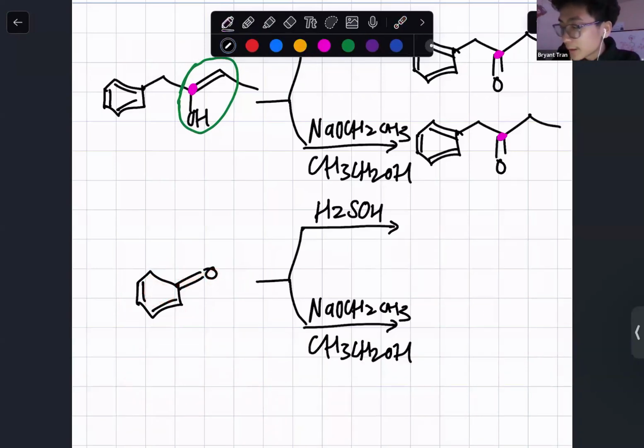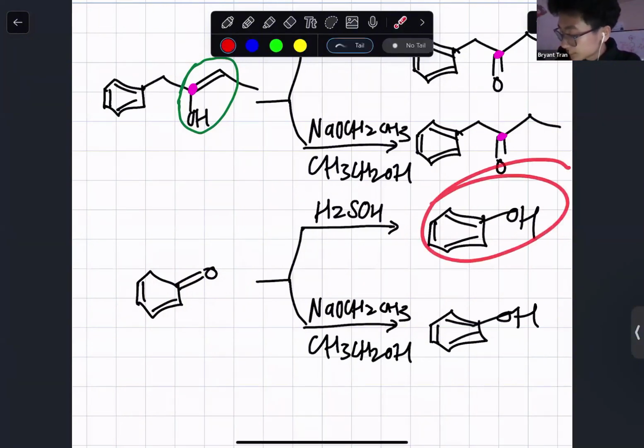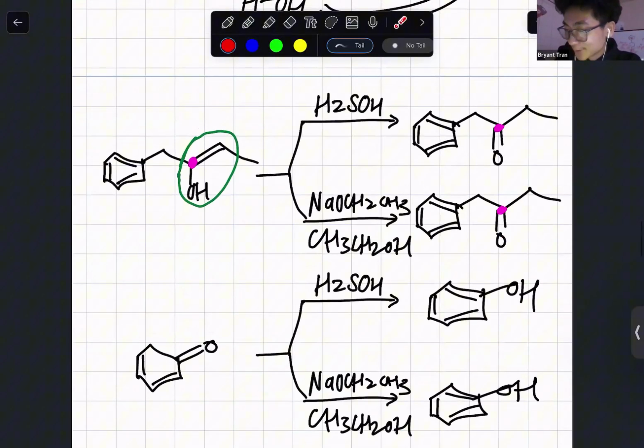So we want the enol form this time instead of the carbonyl form. So that's going to be the answer for both acidic conditions and basic conditions. The mechanism I went over earlier, and that's a note card thing you guys can practice. Any questions on this before I move on?